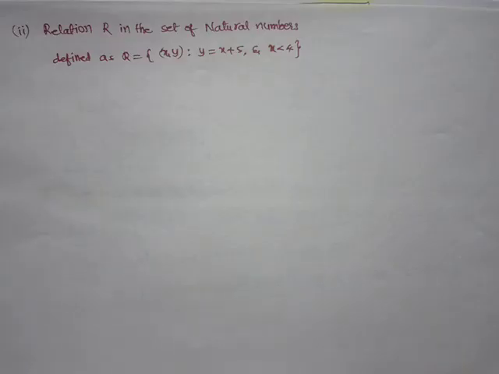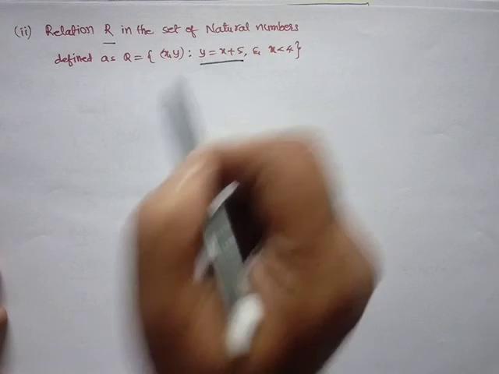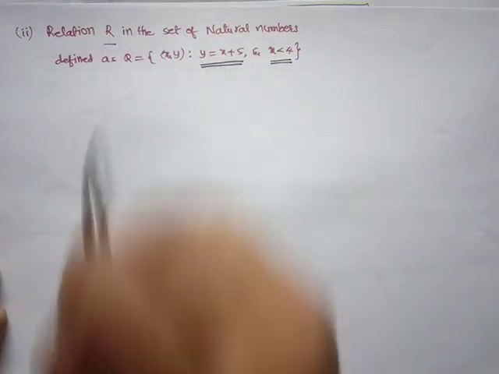We'll see the second type of question. Second question here. Relation R in the set of natural numbers defined as R = {(x, y) such that y is equal to x plus 5 and x is less than 4}.